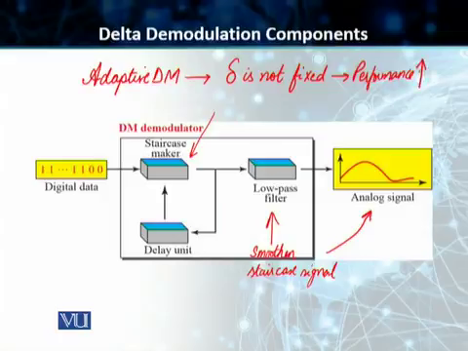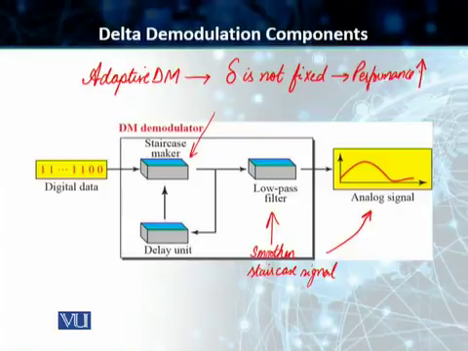So students, in adaptive delta modulation, the value of delta changes according to the amplitude of the original signal. So our delta is adaptive, and this is called adaptive delta modulation.